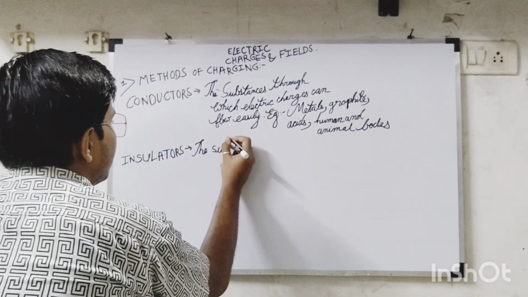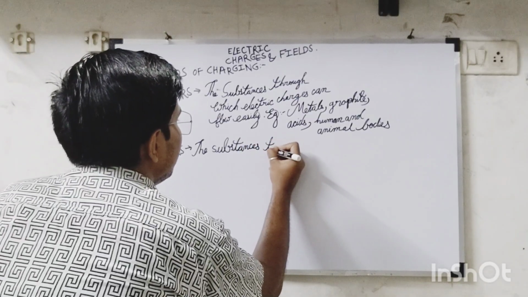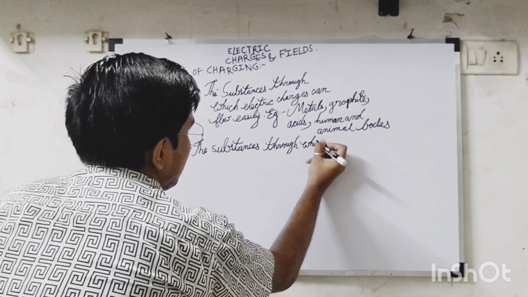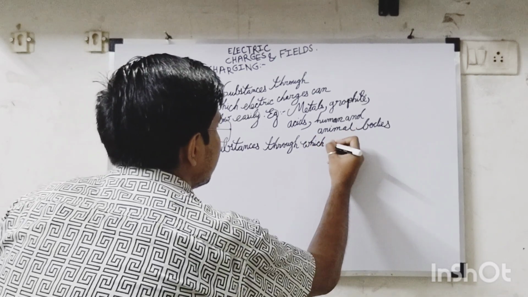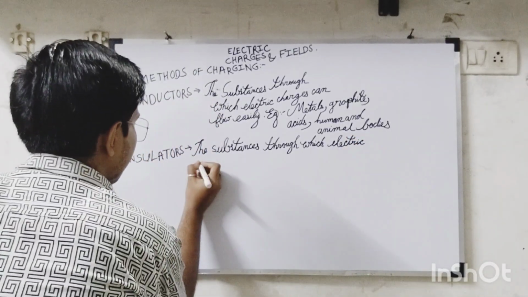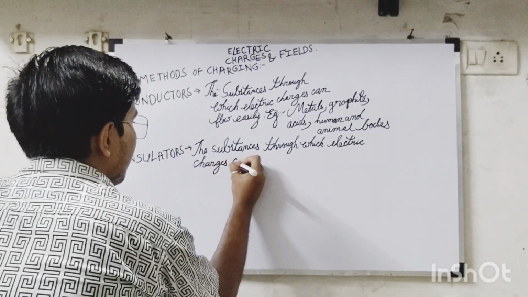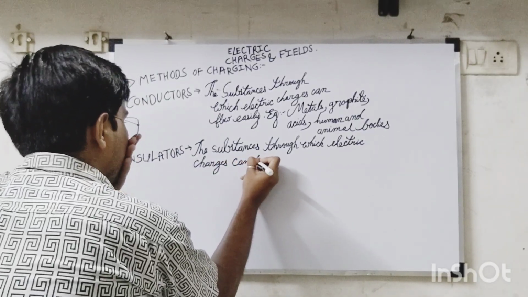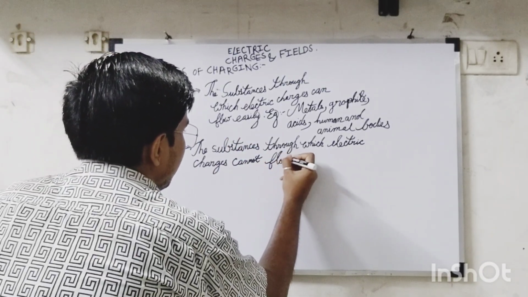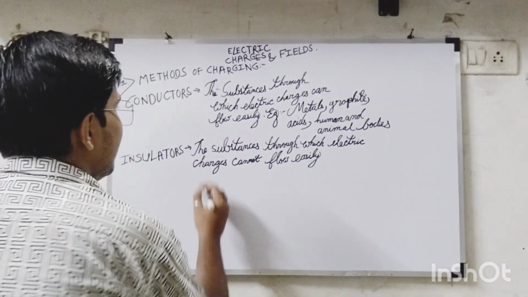The substances through which electric charges cannot flow easily are called insulators.